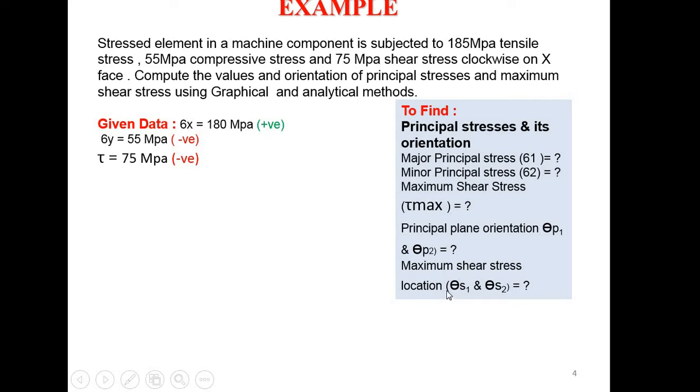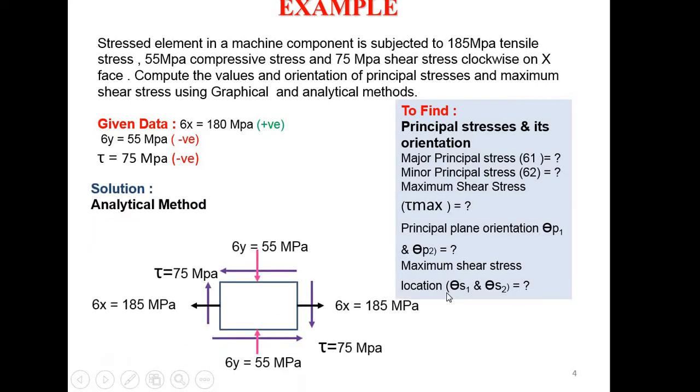Now we'll solve it by analytical method first. So first convert the statement into a diagram. This is the 2D element, with two mutually perpendicular normal stresses acting on the plane, one in x direction, another in y direction. So we have taken sigma x equal to 185 MPa positive, sigma y equal to minus 55 MPa.